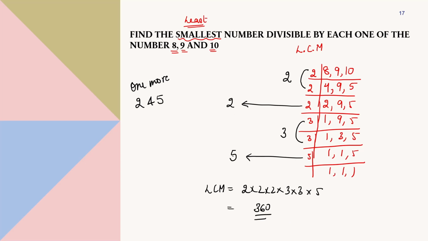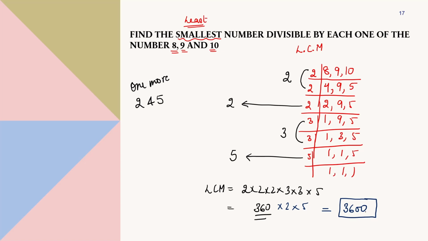Reason being 2 and 5 are not in pair. So if we provide one 2 and one 5 in this category, our LCM will become a perfect square. 360 into 10 will become 3600, and this is a perfect square.